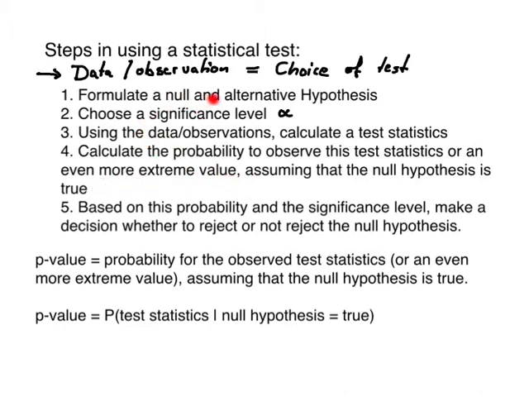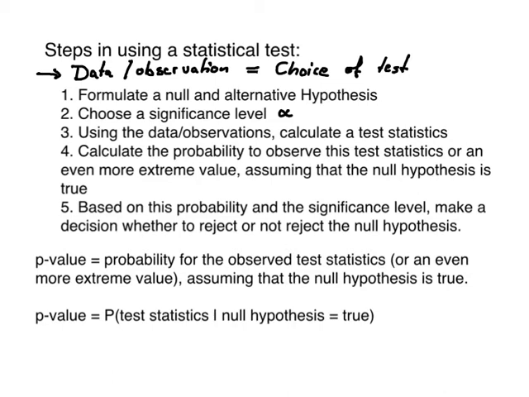The null hypothesis, that is what we formulated in step 1. And then based on this probability that we have calculated and the significance level from step 2, we then can make a decision whether to reject or not reject the null hypothesis. In a way, we can never really accept a null hypothesis. We just simply say we have no evidence of not rejecting the null hypothesis.